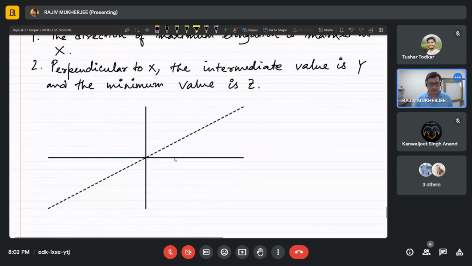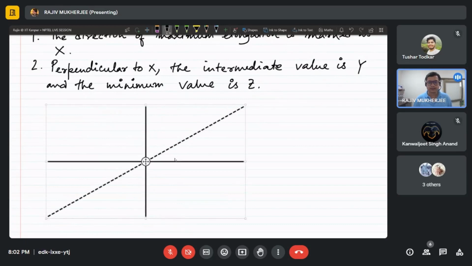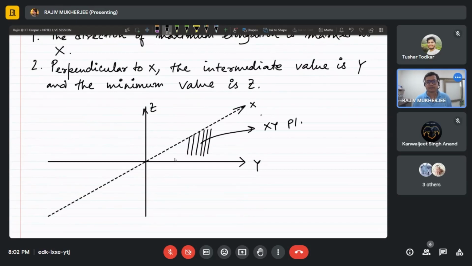So here we have this xy plane, this is the xz plane, and like this here we have this yz plane.